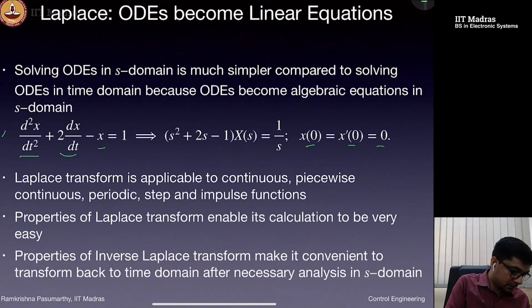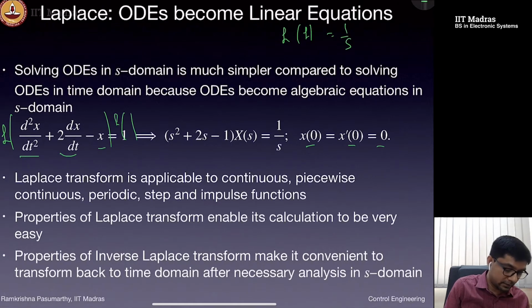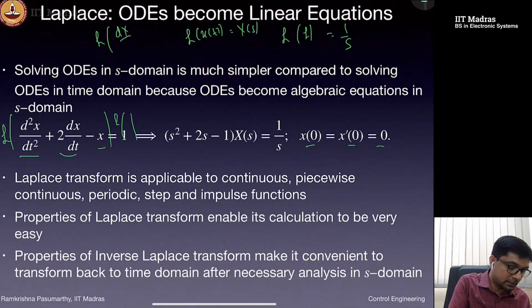So I do a Laplace transform on both sides. On the right hand side, I have the Laplace of 1, that will be 1 over s. On the left hand side, let me call the Laplace of the signal x(t) as X(s). The Laplace of dx by dt, as we know, is just the multiplication of X(s) with s.